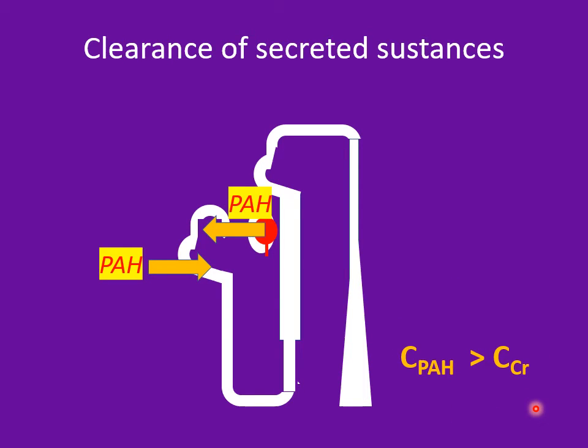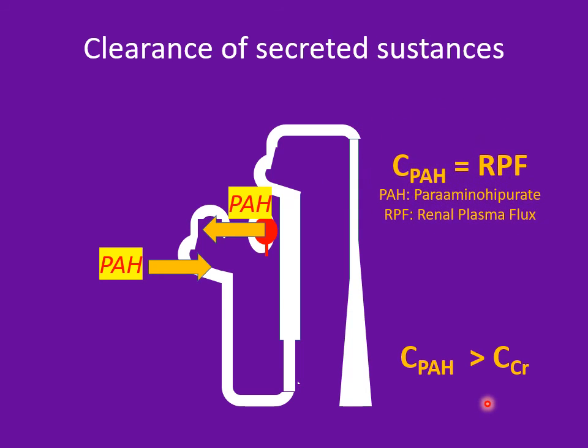So for any substance with a clearance higher than creatinine clearance, we know that it is secreted in the nephron. In particular, as paraaminohippurate is extremely secreted and none of the paraaminohippurate that reaches the renal artery will reach the renal vein, with the clearance of paraaminohippurate we can calculate the renal plasma flow.